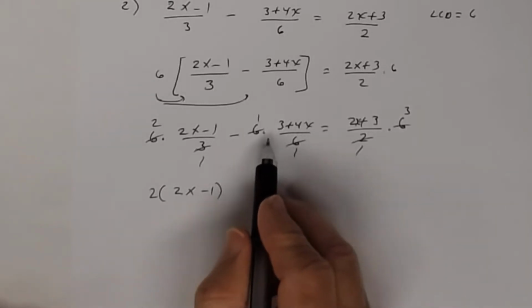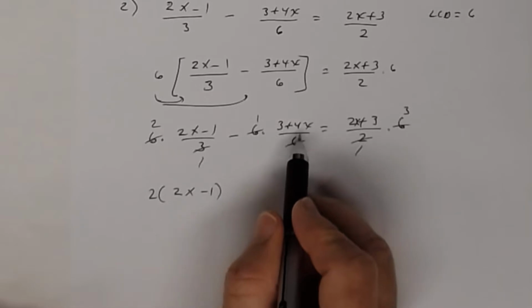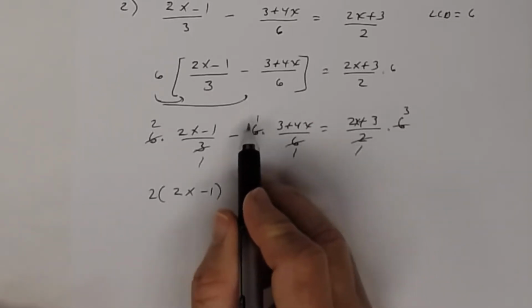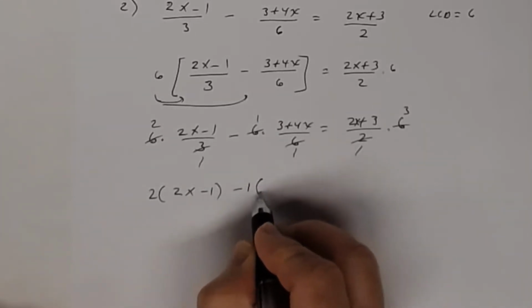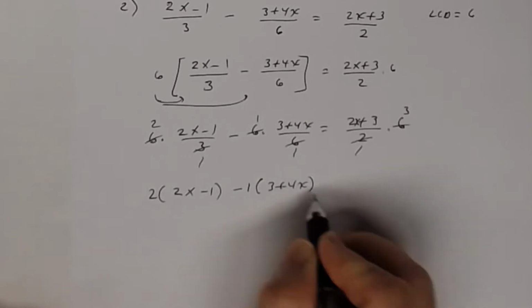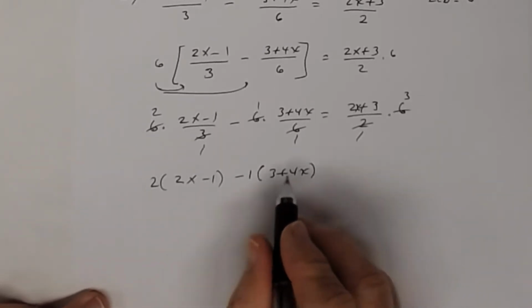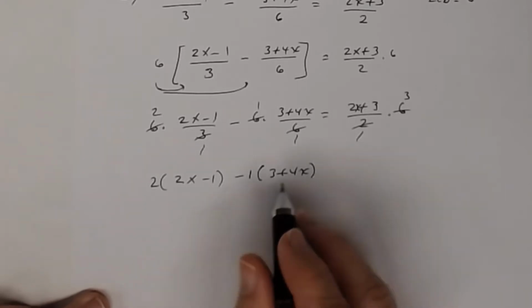Minus, now be careful here. Let's think of this part just like we did here. All of the terms in this numerator have to be multiplied by negative 1, so make sure you write it as negative 1 times (3 plus 4x). Take the time and do this. Otherwise, if you don't put those parentheses here, it's going to be mathematically incorrect.